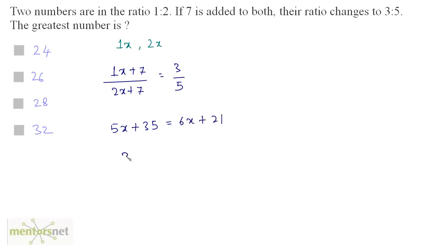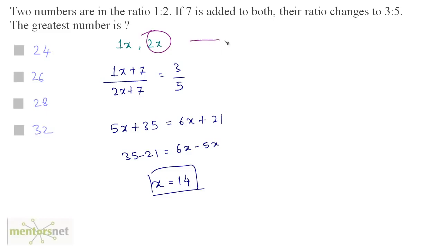So we have 35 minus 21 is equal to 6x minus 5x. Therefore I can say that x is equal to 35 minus 21, which is 14. So x's value, that means the common factor's value, is 14. What is the greater number? So the greater number is 2x. So 2x is equal to 2 times 14, and that is 28. So option C is the correct answer.